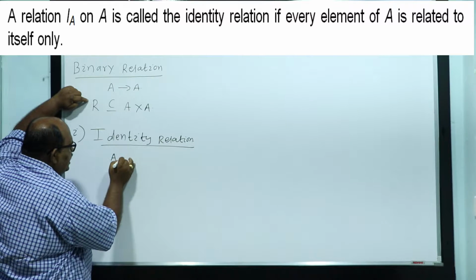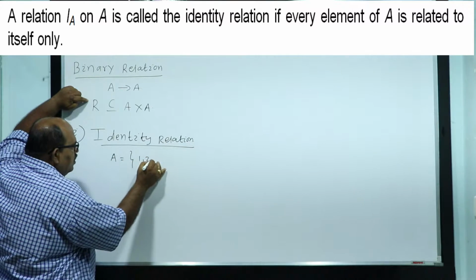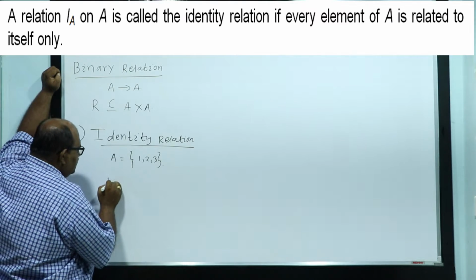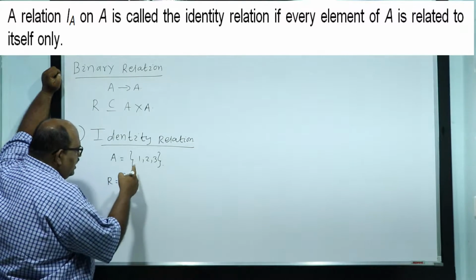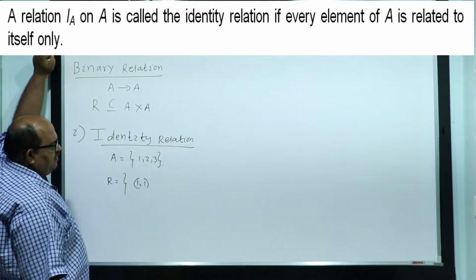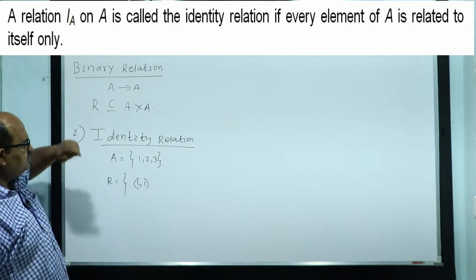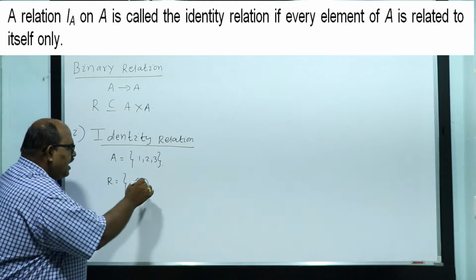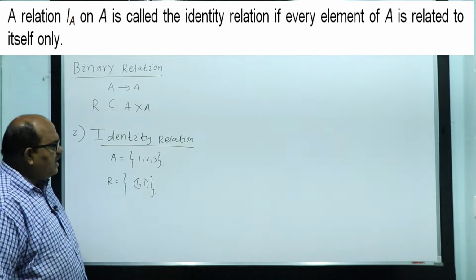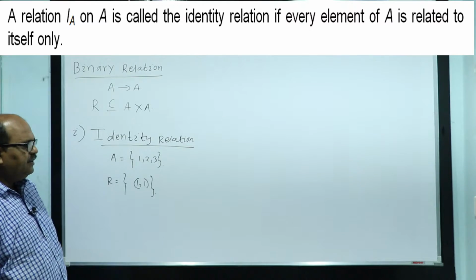Let me write set A is equal to {1, 2, 3}. So, identity relation is a relation where elements of the set are related to itself only. So, if I write R is equal to {(1, 1)}, then is it an identity relation? Think.